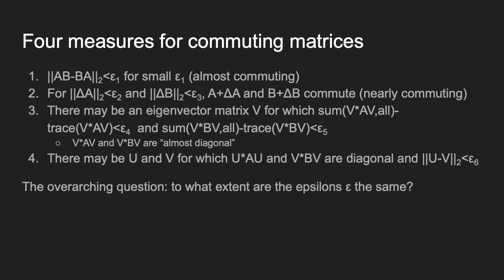Measure 4. There may be a U and V, for which U star A U and V star B V are diagonal, and the 2 norm of U minus V is less than epsilon 6. So for those of you who are keeping count, that's 6 epsilons. And the overarching question is, to what extent are these epsilons the same?